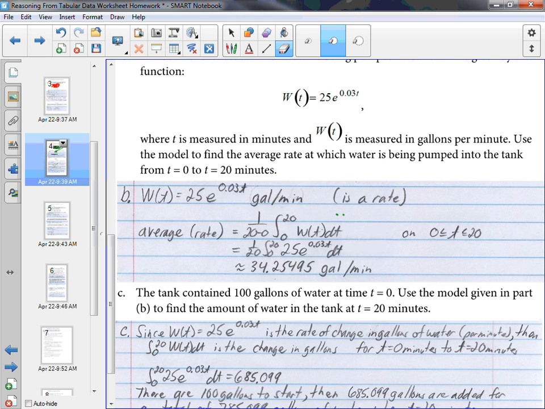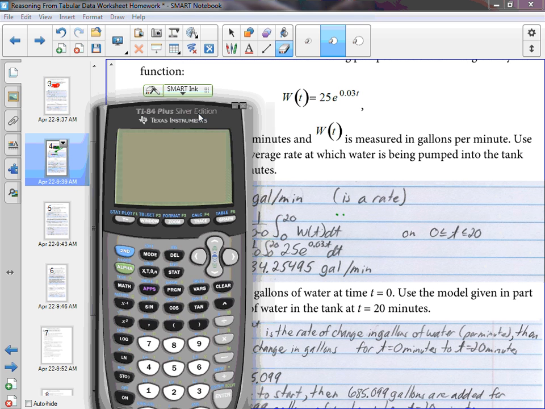We should be able to do that on a calculator. Let me get my calculator and make sure we can. All right, turn it on.